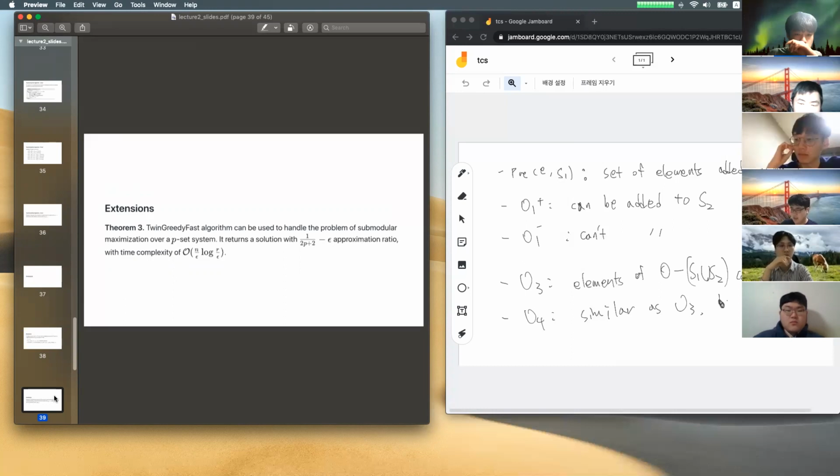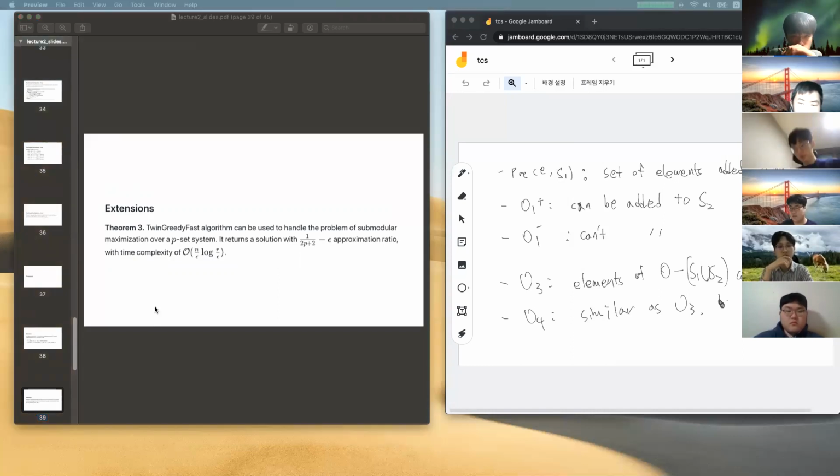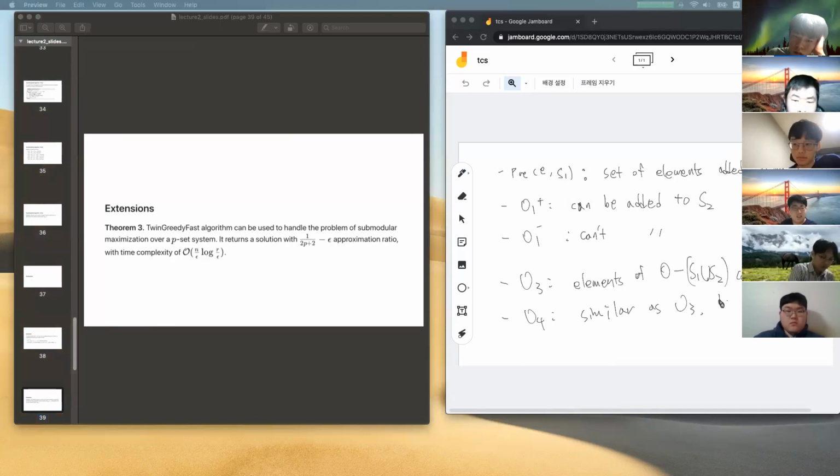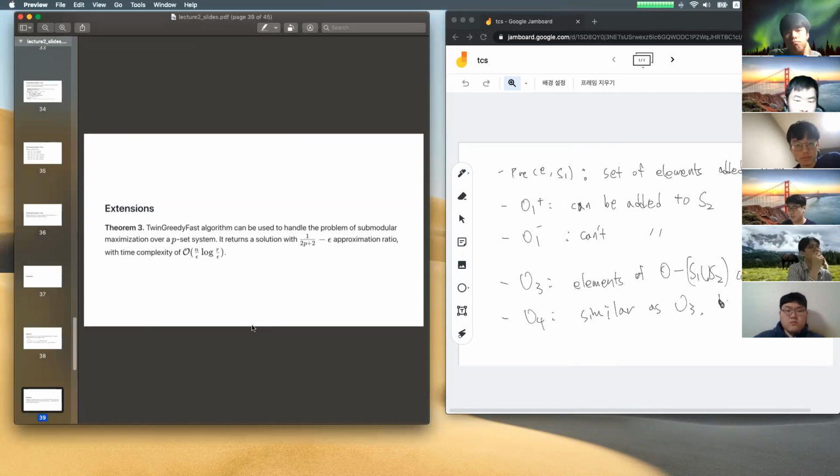The authors mention this result, and there's also a proof, but I skipped the proof because I thought the p-set system was not a very interesting system.